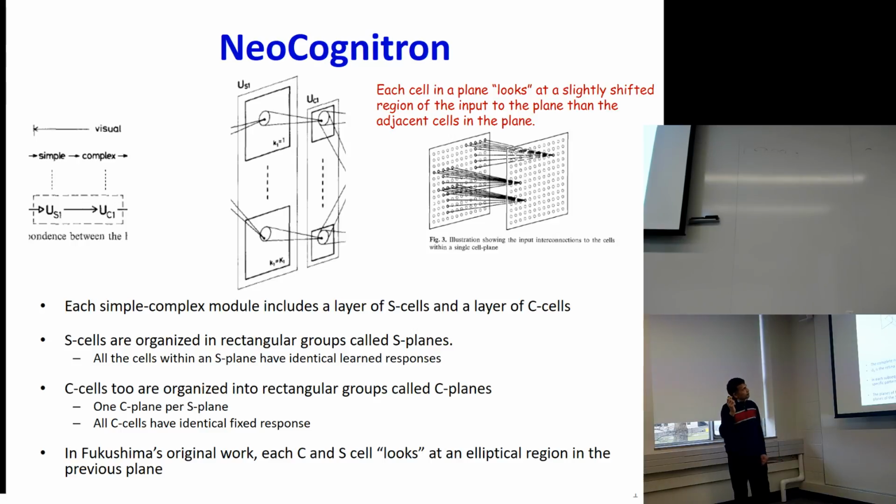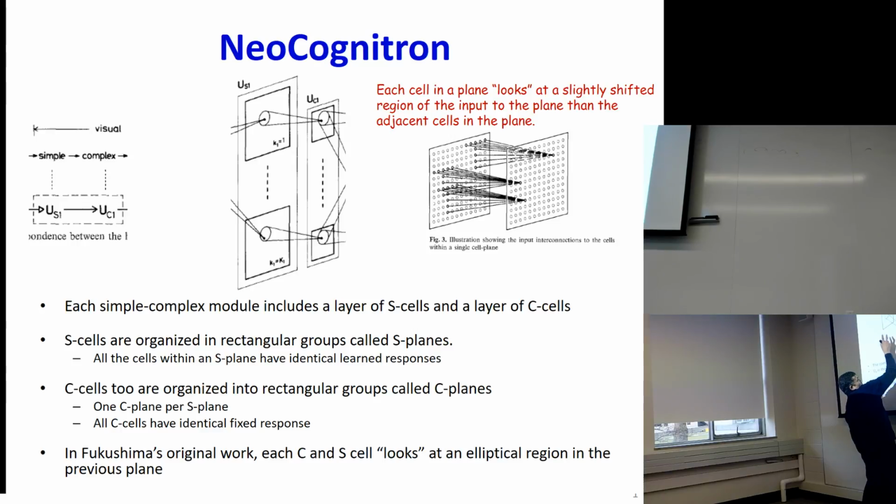And now, here's the complete network. U0 is the retina. And then you'd have the first S layer with many S planes, each of which is looking at the entire retina, right? Then you have the first C plane, where each plane looks at the corresponding S plane.